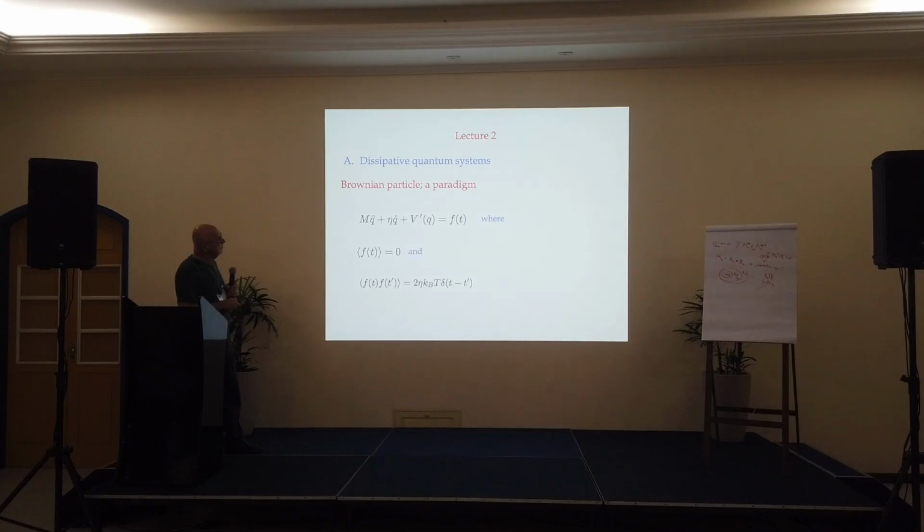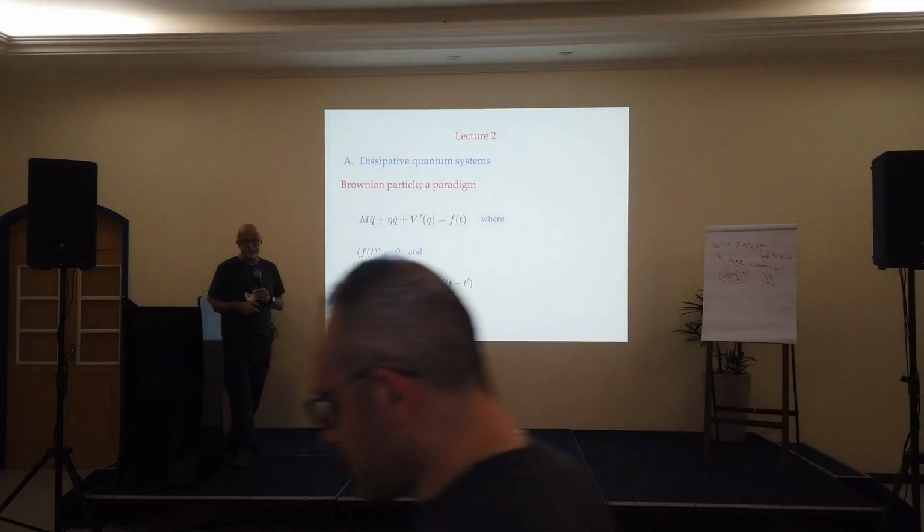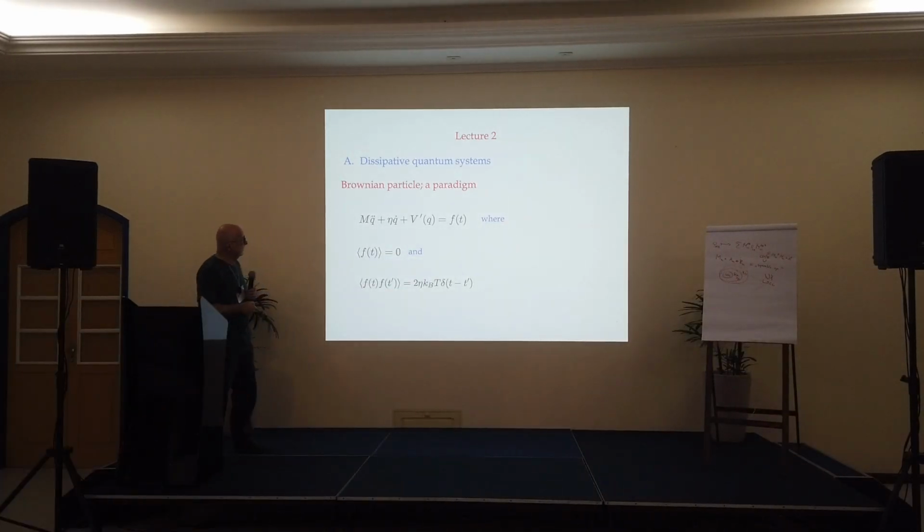Basically, we have a paradigm for our systems. In all of them, they obey this sort of equation of motion, either the split ring or Josephson junction. That's the equation of a particle in a viscous fluid.